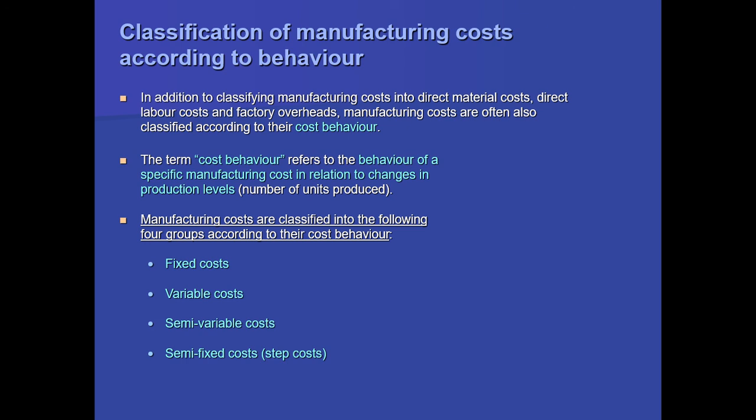And then if you produce 20, then they vary. So basically they're semi-variable. With semi-fixed, you won't use a certain amount of electricity up to a certain point. Once you reach that point, your cost will increase, and then they remain fixed for a certain period. Okay, those we refer to as semi-fixed.